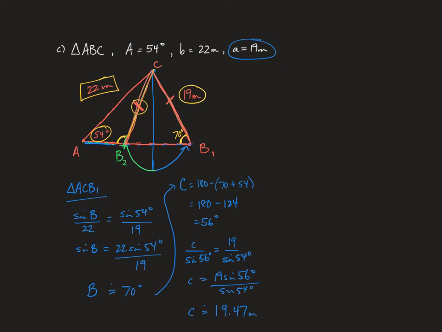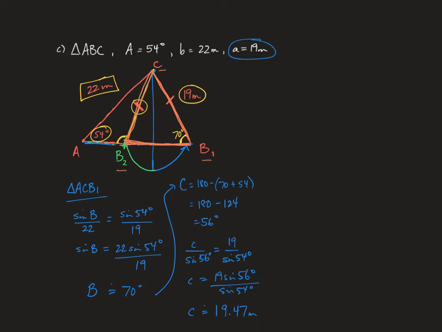That this triangle that you see me highlighting right now, it doesn't actually exist because that triangle would be B2, C, B1. It would have two B's. But I can use that to help me solve for the other triangle.